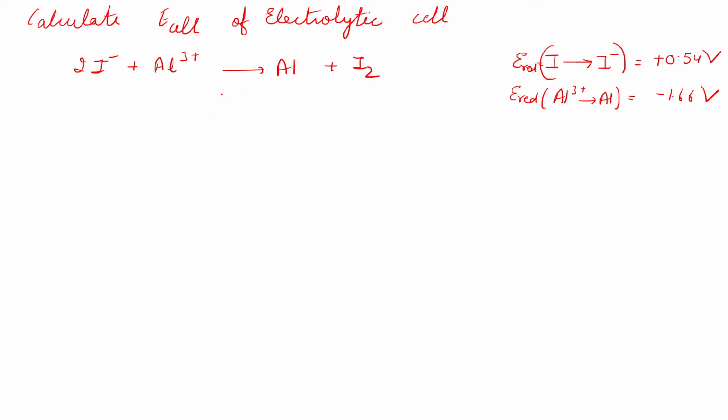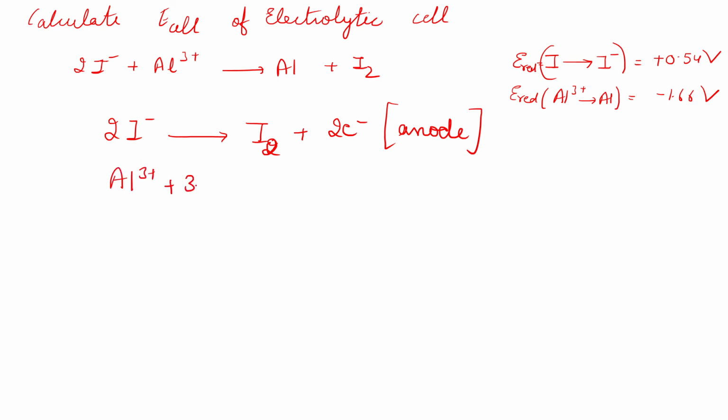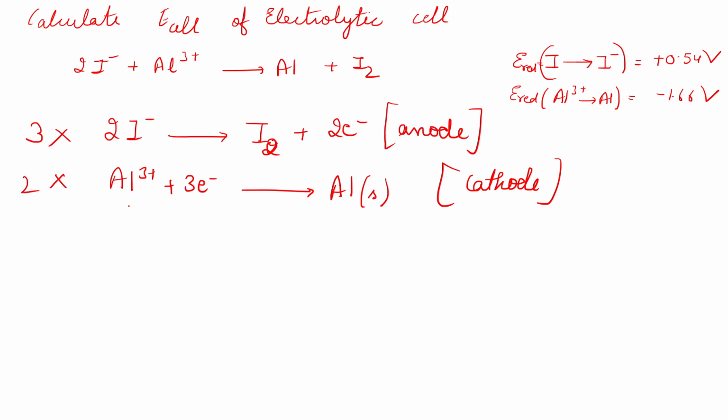In the following reaction, you can see 2I minus ions are getting oxidized to I2 with the release of 2 electrons, so this one is acting as anode, while aluminium 3 plus ions are gaining 3 electrons and converting into aluminium solid. This is acting as cathode. In order to balance the electrons, you need to multiply the first by 3 and the second reaction by 2.